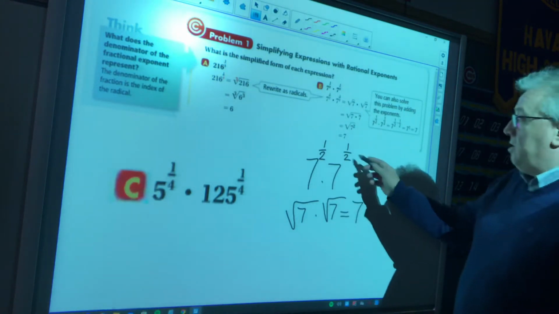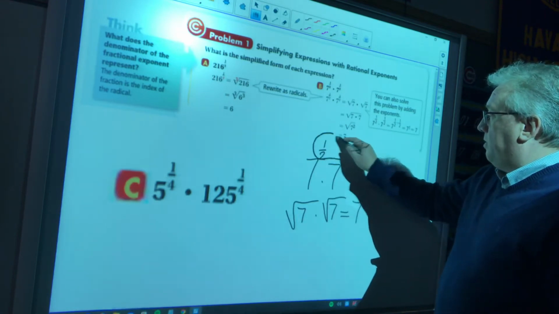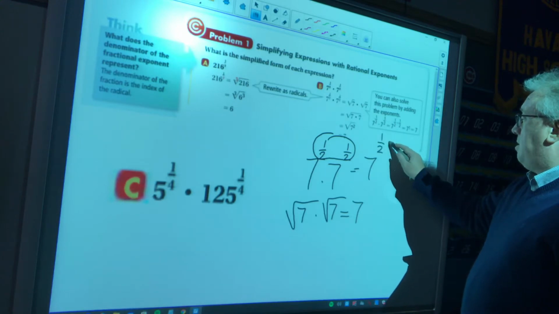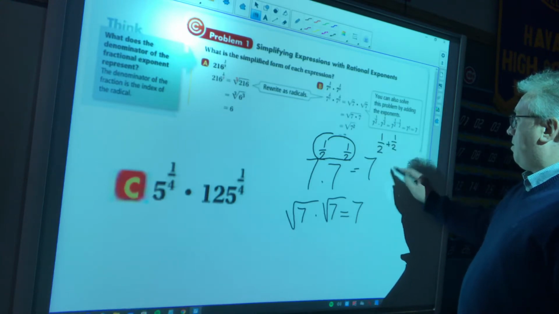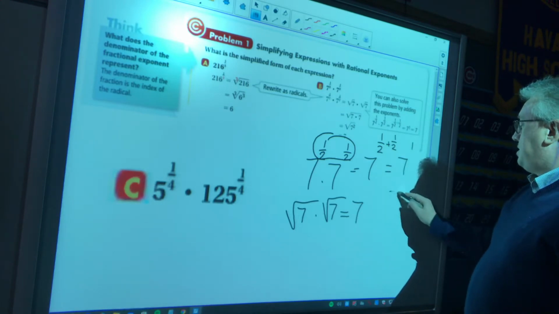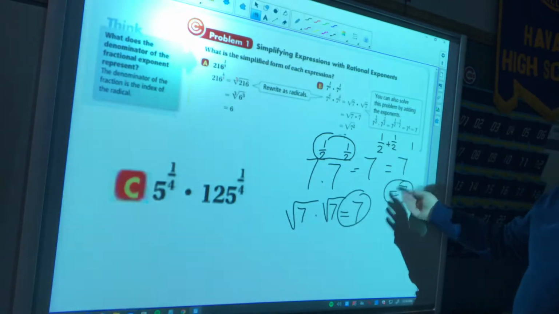The other way is you can use your properties of exponents. This becomes 7 to the 1/2 power plus the 1/2 power, which is 7 to the 1st power, which is just 7. So you can see there we get the same answer.